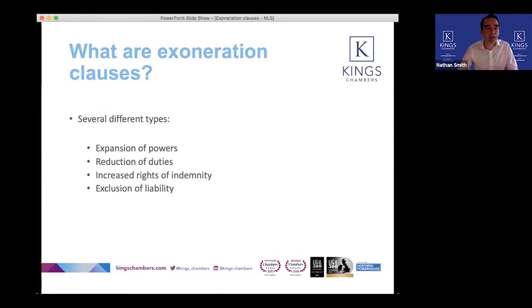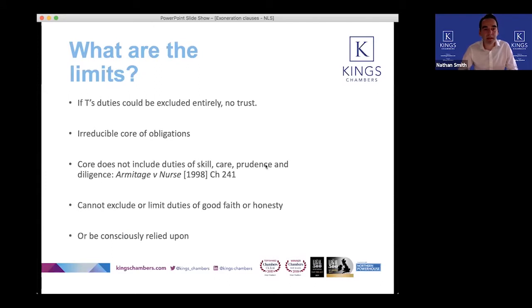But there are some quite firm limits to what can be excluded. And of course, you can see the principle behind that, because if all of the duties could be excluded, there'd just be no trust at all, and the trustees would have no liability to anyone.